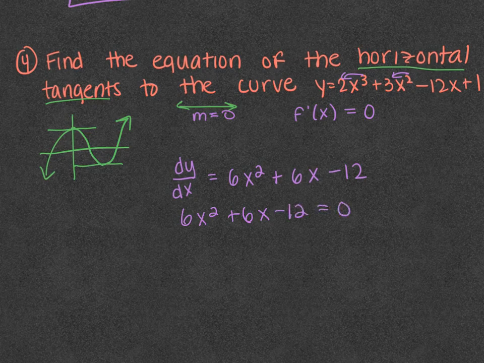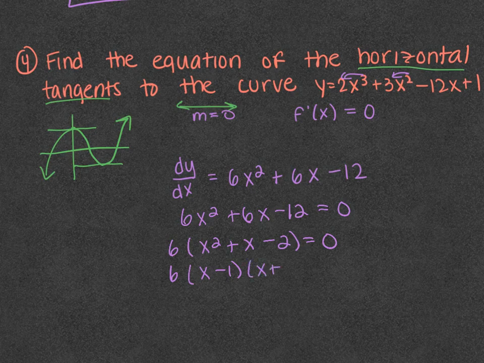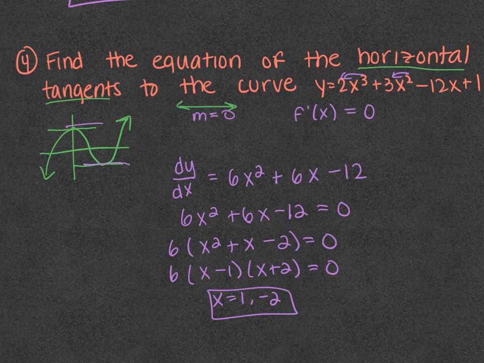We can take out a 6 here, so x squared plus x minus 2, and then factor. So we get (x minus 1)(x plus 2) equals 0. And then we get x is 1 and negative 2. So at the values of 1 and negative 2, we would have those horizontal tangents. All right.